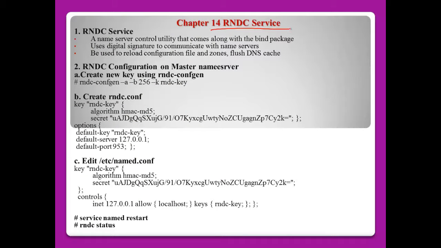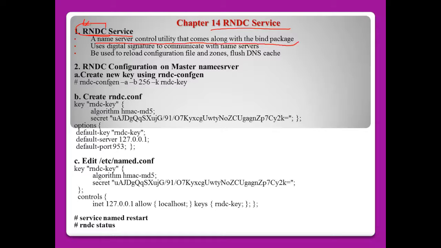Chapter 14, the RNDC service. RNDC is a name server control utility that comes along with the BIND package. If you install the BIND package, normally you can use RNDC.